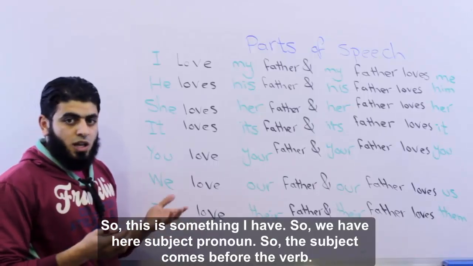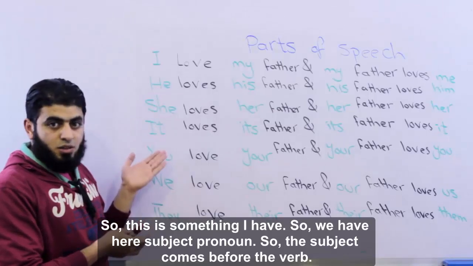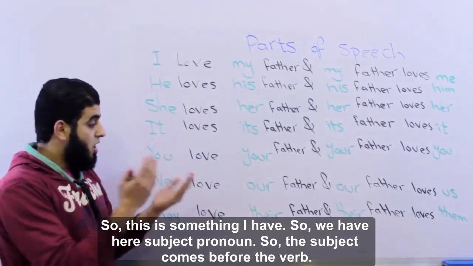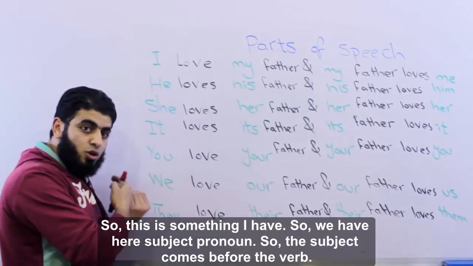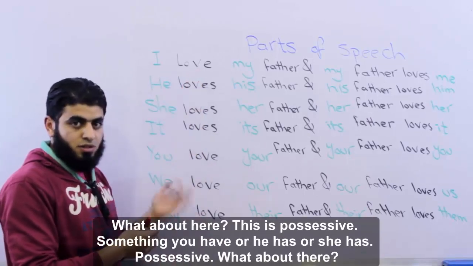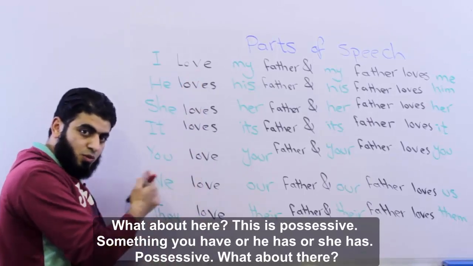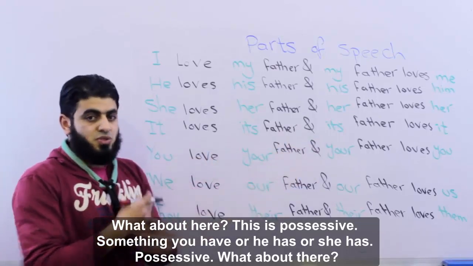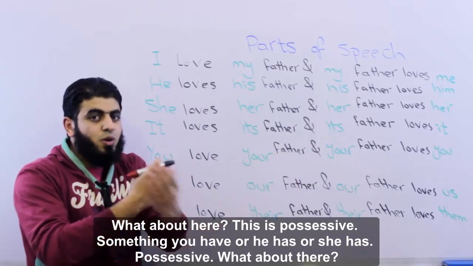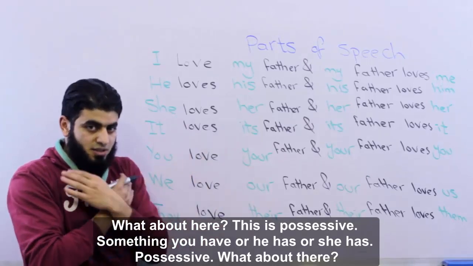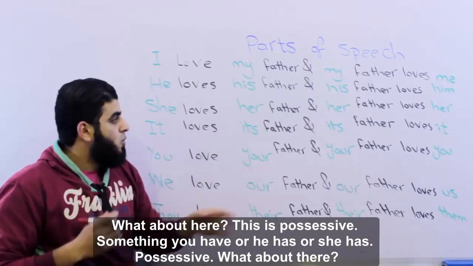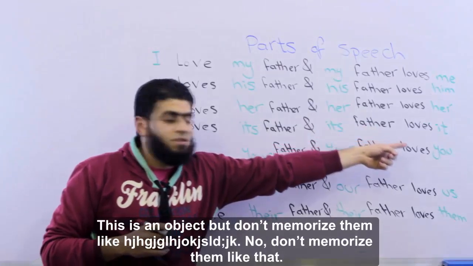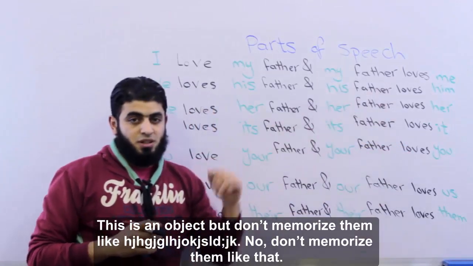So we have here subject pronoun. The subject comes before the verb. What about here? This is possessive. Something you have or he has or she has. What about there? This is an object.